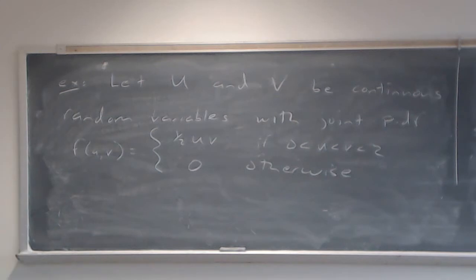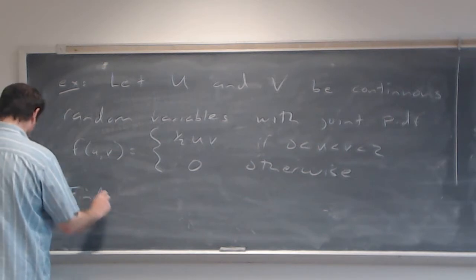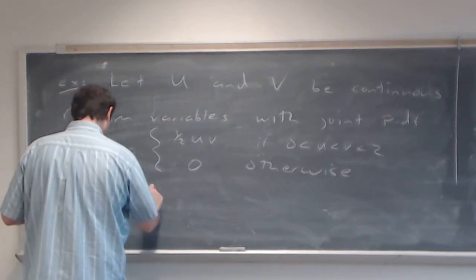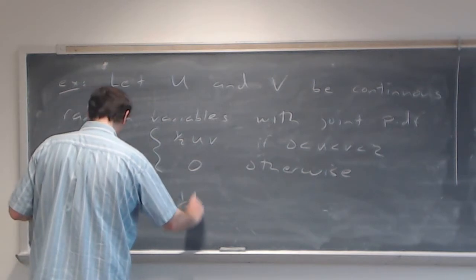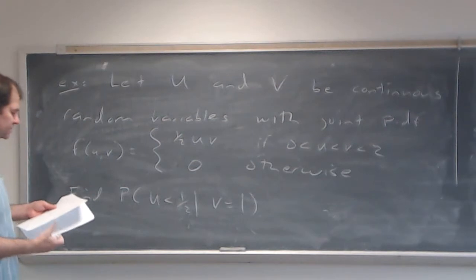Okay, so what do we want to do? In this example, we want to find the probability that u is less than 1/2 given v equals 1. That's what we want to do.